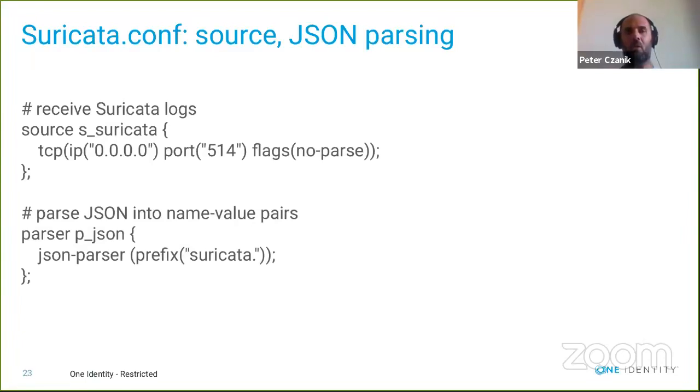So here we disable parsing, and at the bottom of the screen you can see another parser. It's a JSON parser, which parses the incoming JSON messages, creating name-value pairs from it, and all of them have the Suricata prefix.